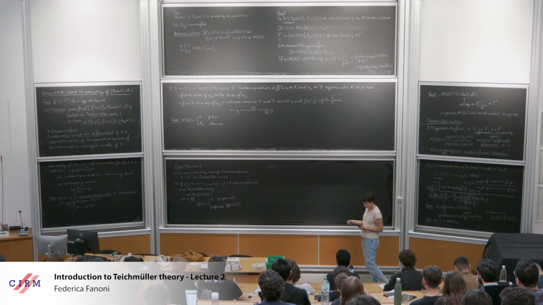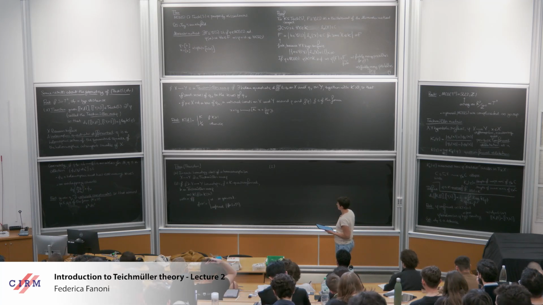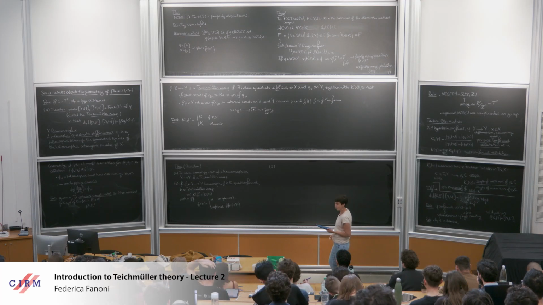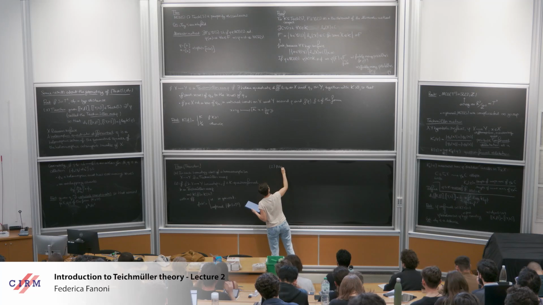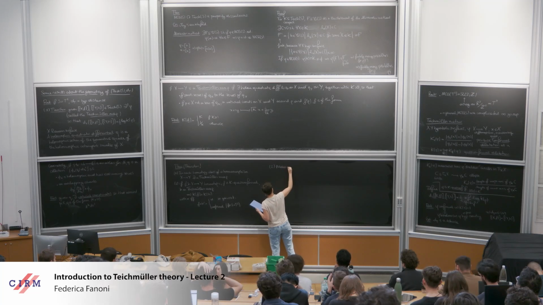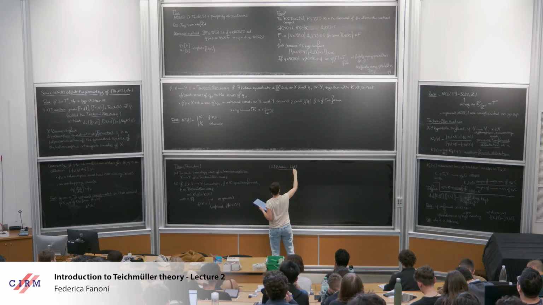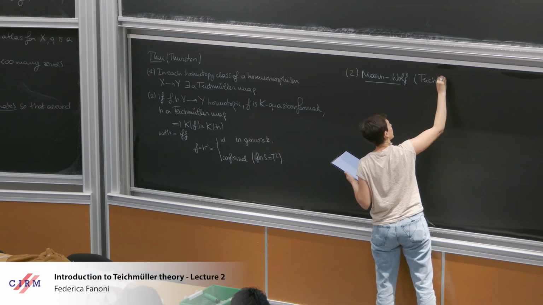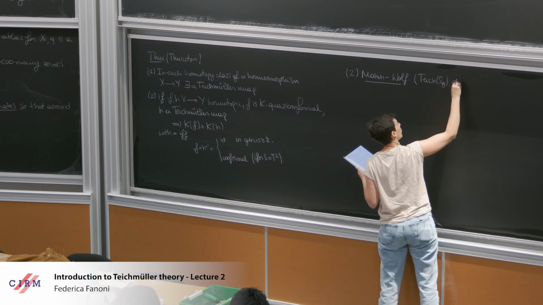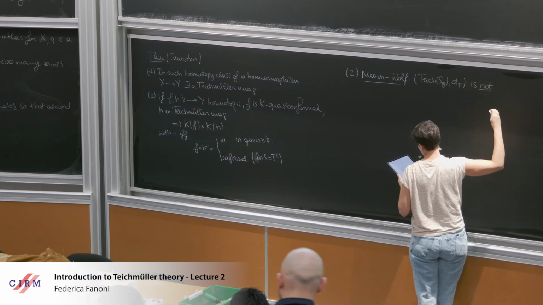And for a while it was believed to be a theorem that there was negative curvature for Teichmüller space as well. And then actually they realized it was not true. This is a result of Masur and Wolf: Teichmüller space of the surface with the Teichmüller metric is not Gromov hyperbolic.